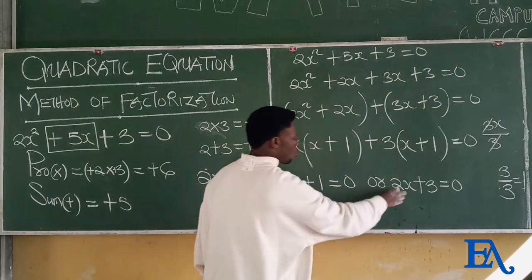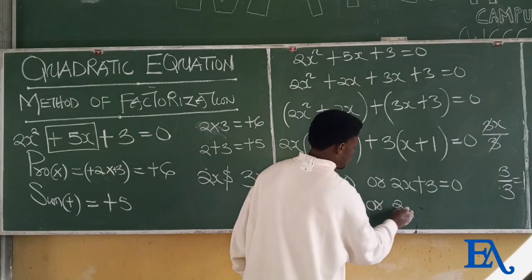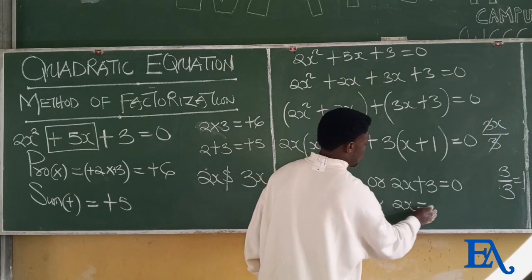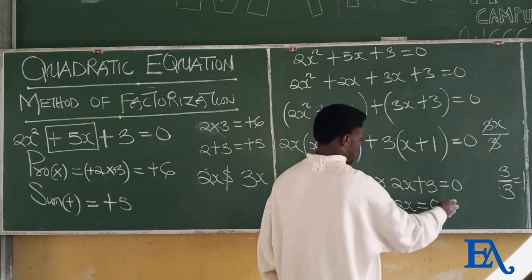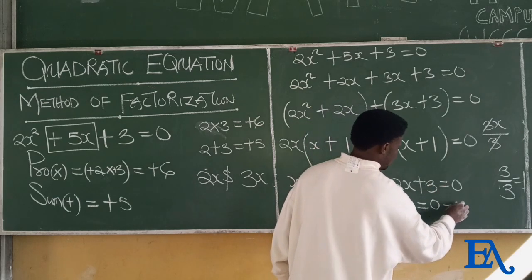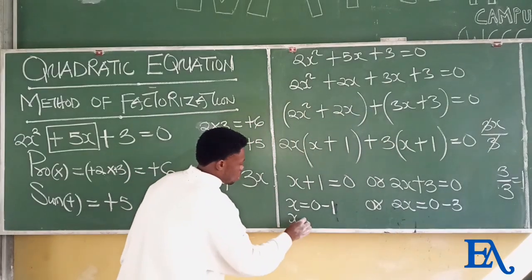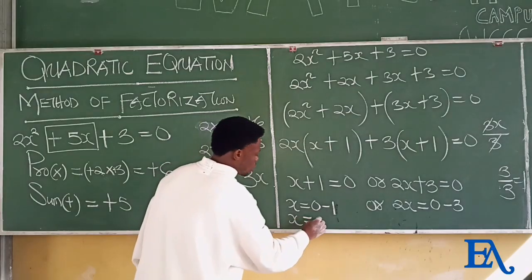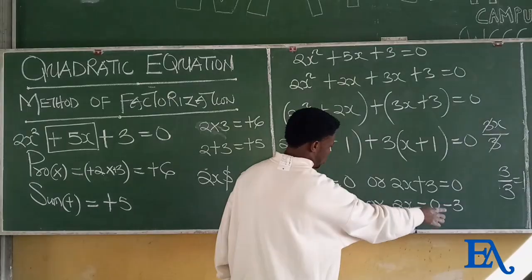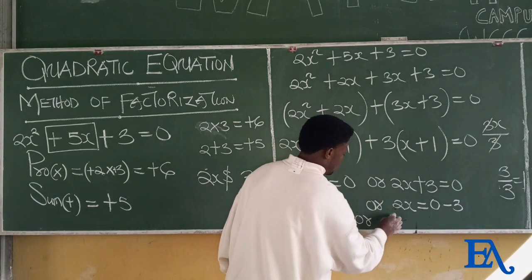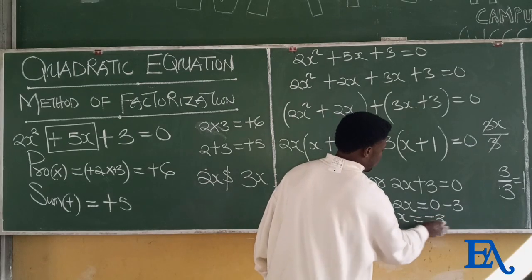Or, making x the subject, 2x is equal to 0 minus 3, since when plus 3 crosses to the right hand side, the sign changes from positive to minus 3. Therefore, we have x is equal to 0 minus 1 is minus 1, or 2x equals minus 3.